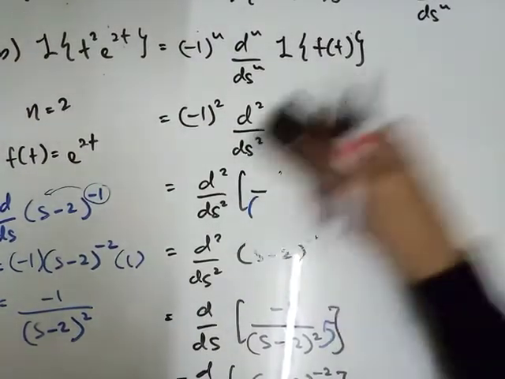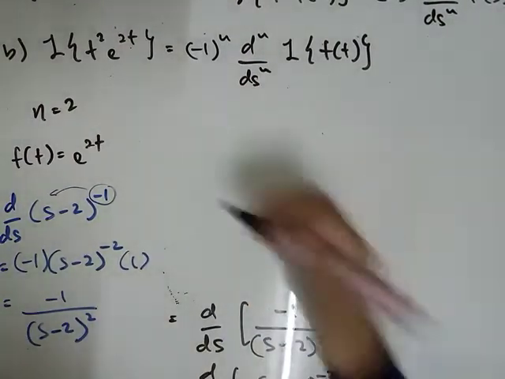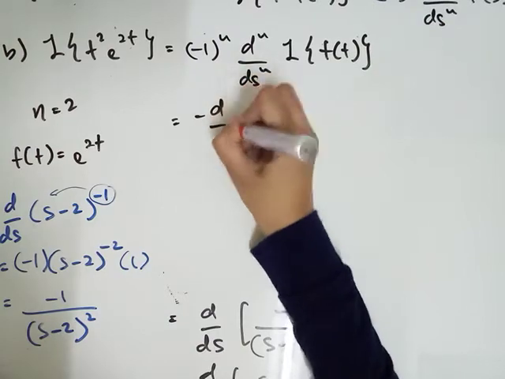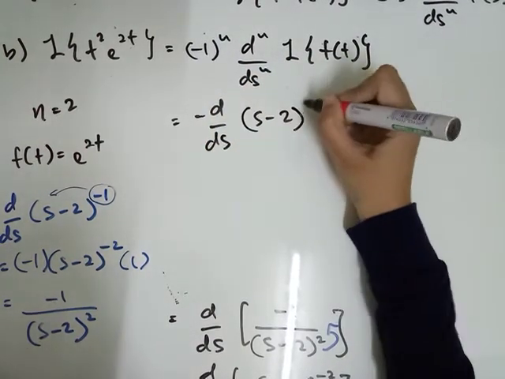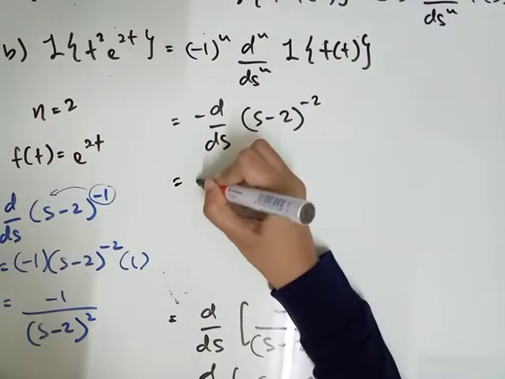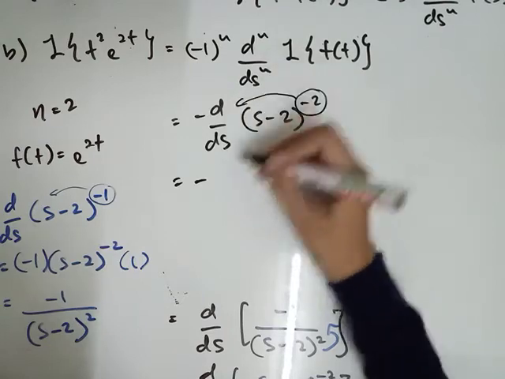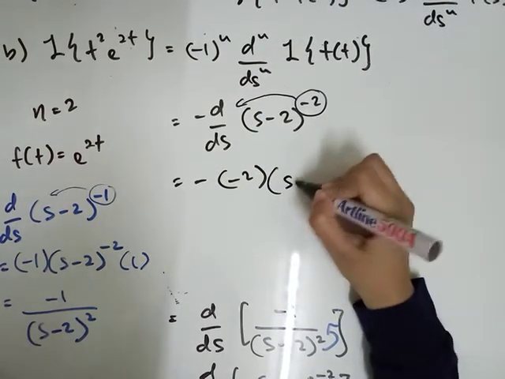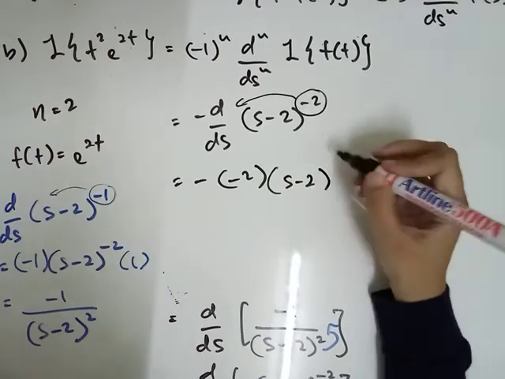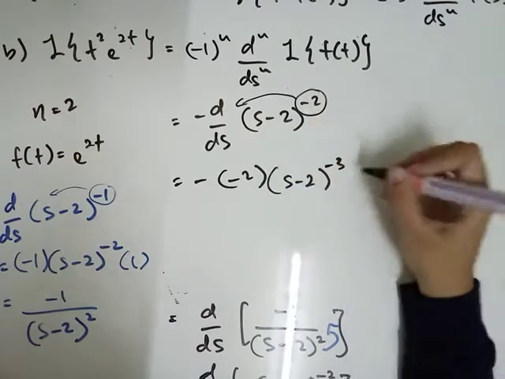And then differentiate this one. That means negative d ds of s minus 2 power -2. So differentiate, you will get -2 bring in front, multiply with s minus 2, -2 minus 1 we get -3, differentiate s we get 1.